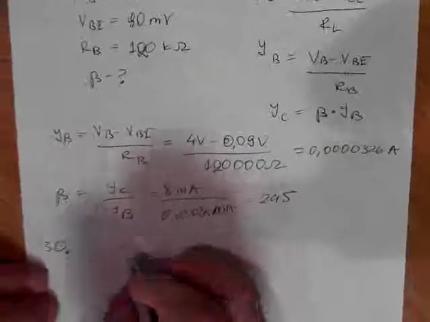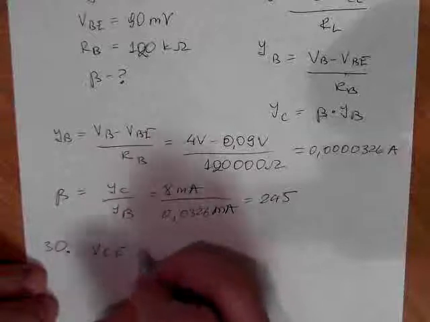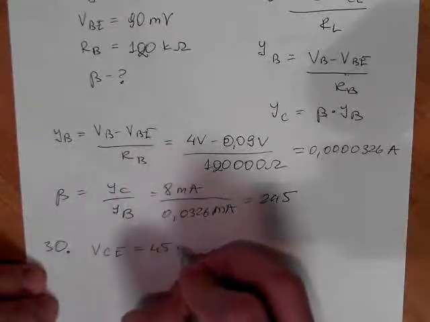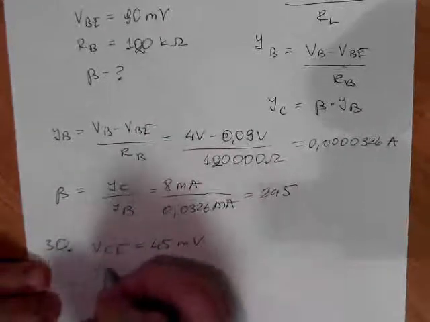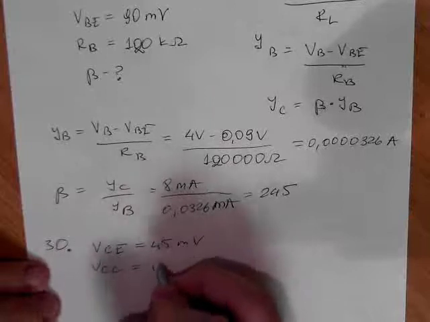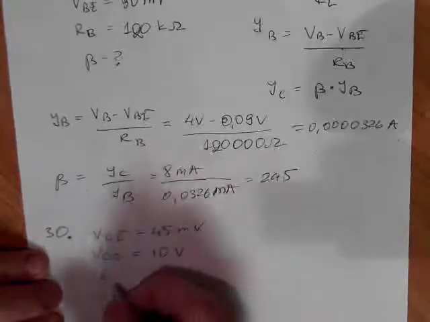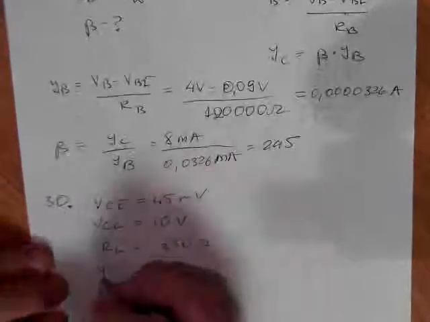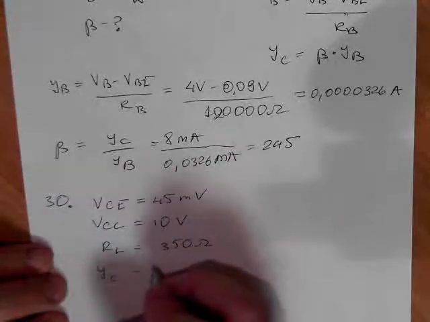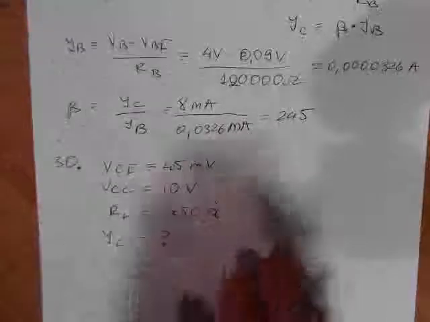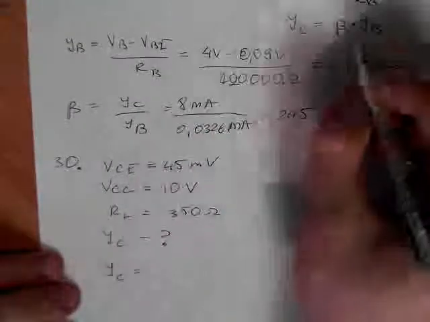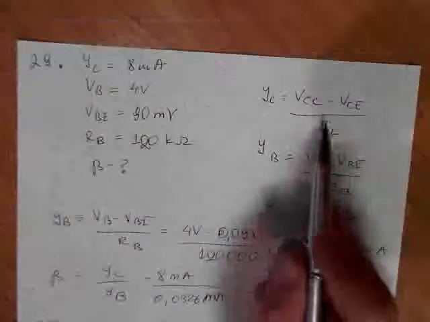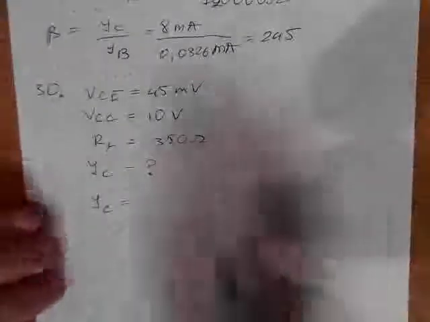And number 30 is given. VCE is 45 millivolts, VCC is 10 volts, RL is 350 ohms, and IC we need to calculate. So we use this formula, and we can easily calculate IC.